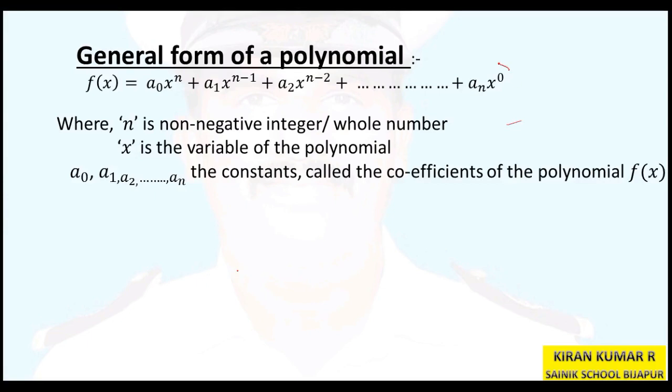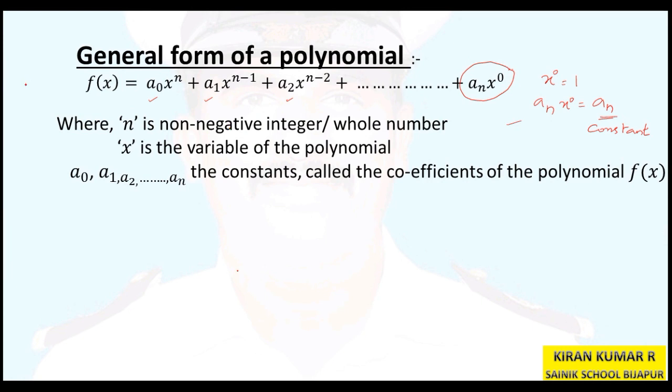Observe this last term. We know that x to the power 0 is 1. So the last term an x to the power 0 is nothing but an. This an is a constant. These a2, a1, a0, these are coefficients.